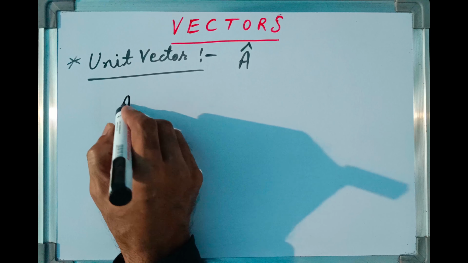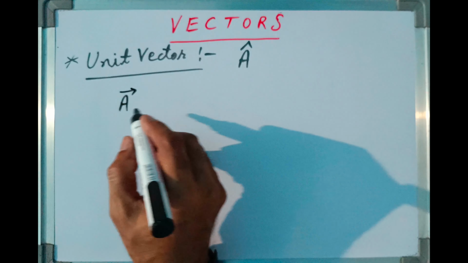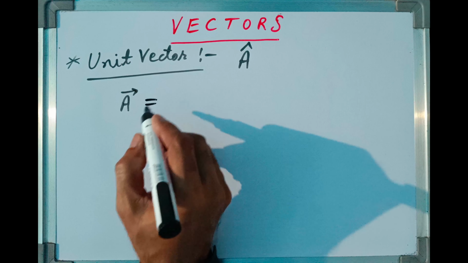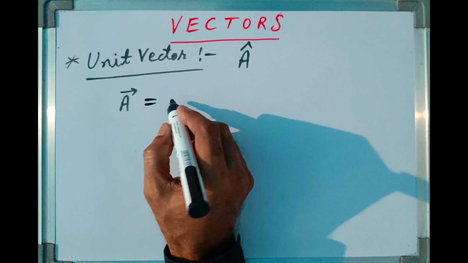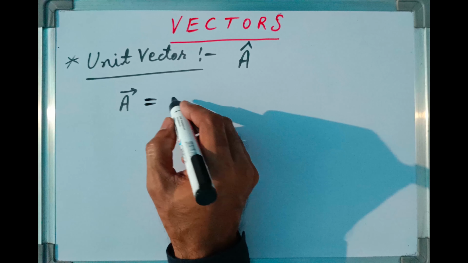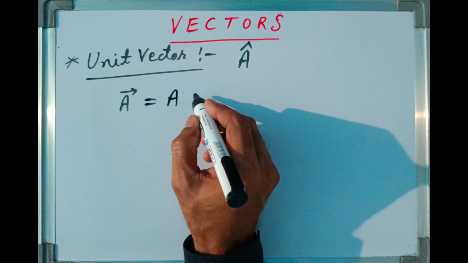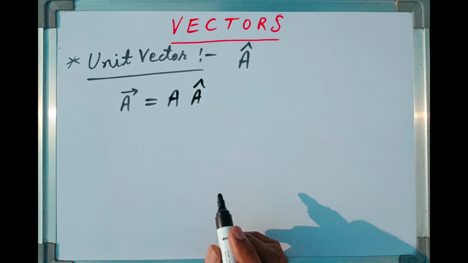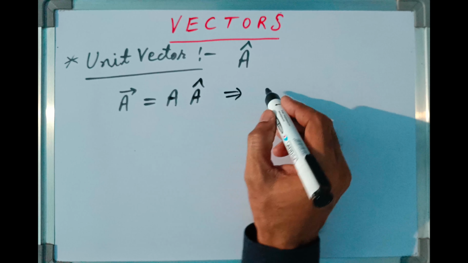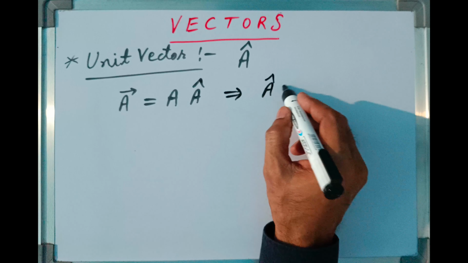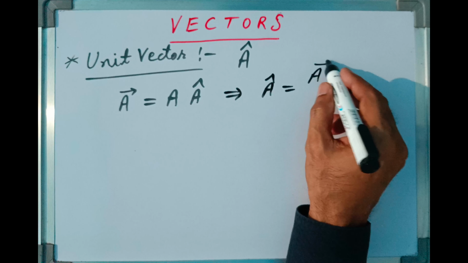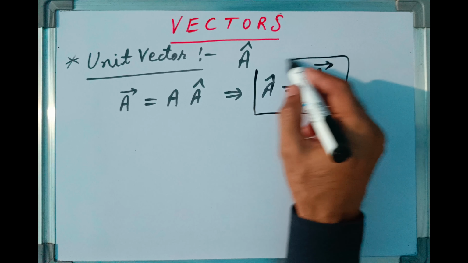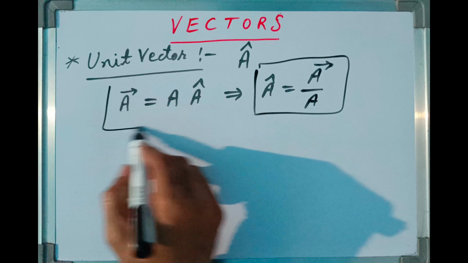Every vector has a unit vector associated with it, and we can express a vector as equal to magnitude of vector multiplied with its unit vector. Or I can write A cap is equal to A vector divided by A. Both these relations are same.